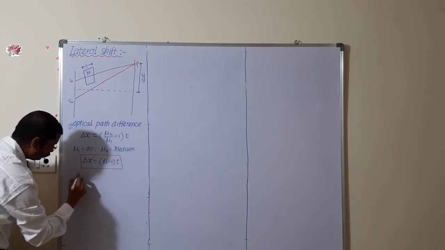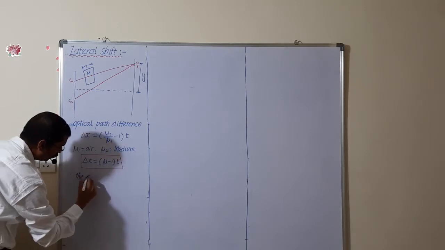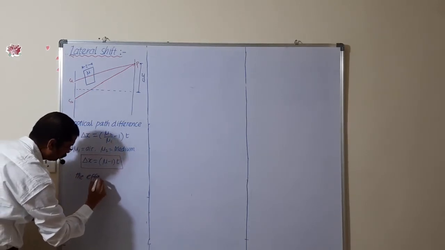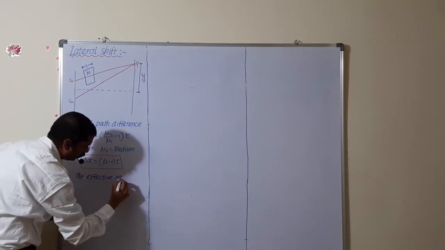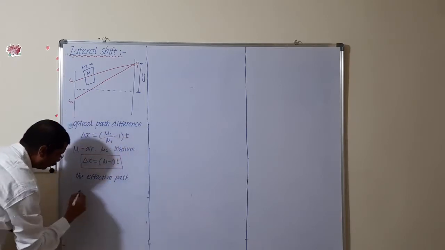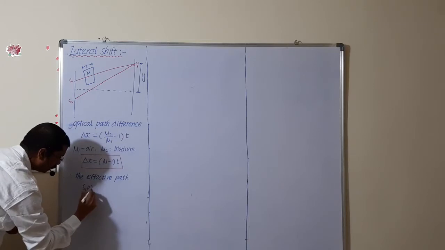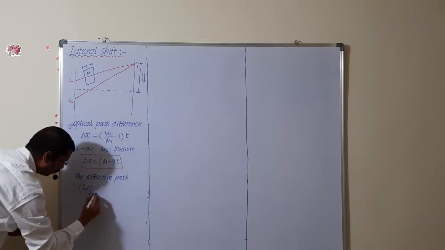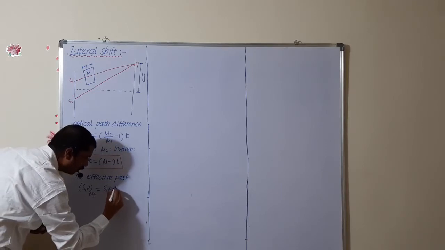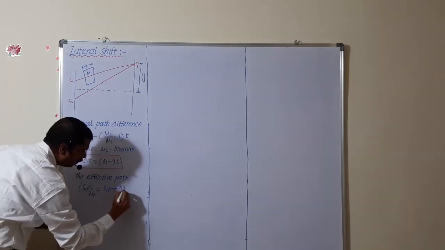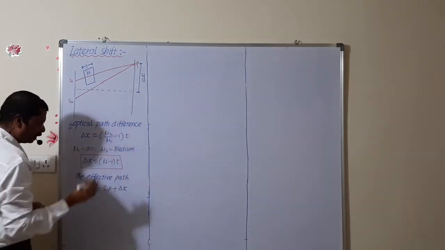Therefore the effective path S1P effective is initially S1P added with delta X, the optical path difference.